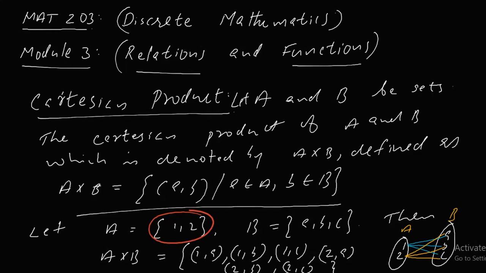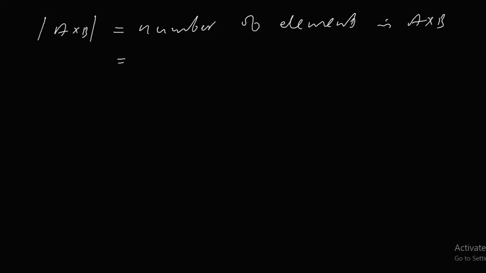A contains 2 elements and B contains 3 elements, so the total number of elements in A cross B is the product of the number of elements in A and the number of elements in B. To find the number of elements in A cross B, it's enough to find the number of elements in A and multiply that with the number of elements in B.